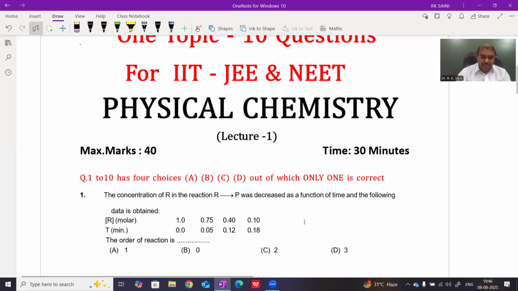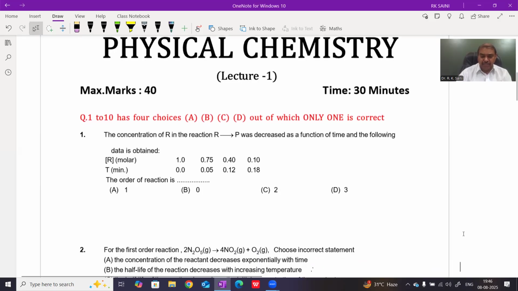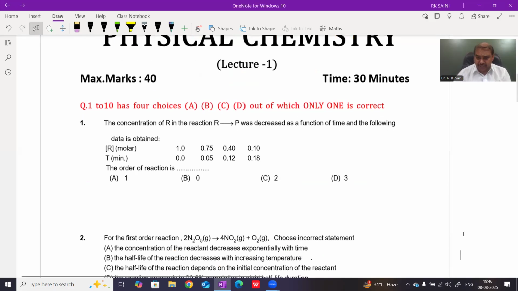First question. The concentration of R decreases as a function of time in the following data. For such questions, we use the integrated rate law method or hit and trial method, in which we find the value of the rate constant from the given data by using an integrated rate law equation.